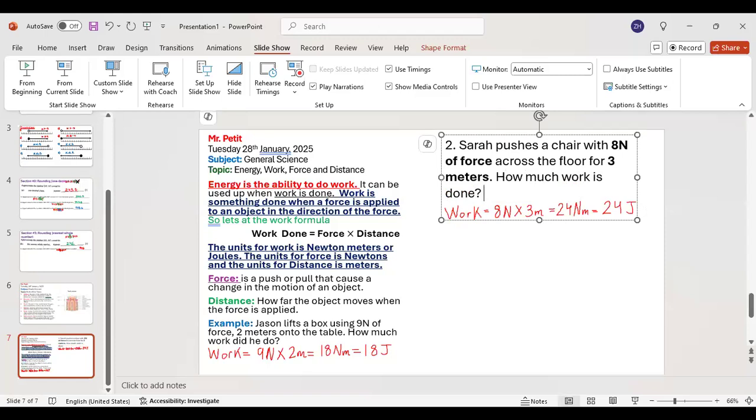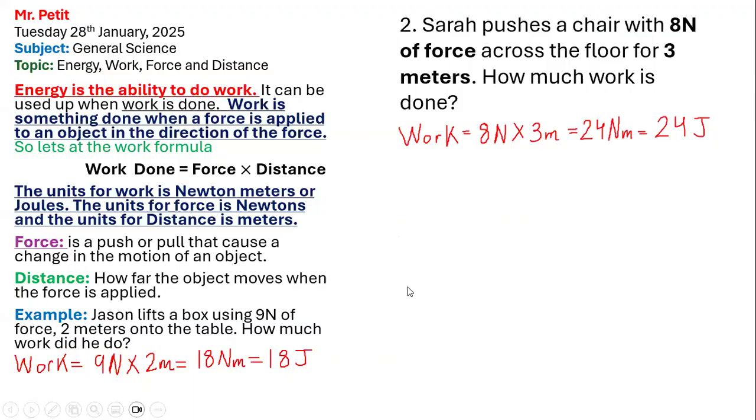Tell me how much work is done. It is 8 newtons times 3 meters equals 24 Newton meters, equals 24 joules. Very good.